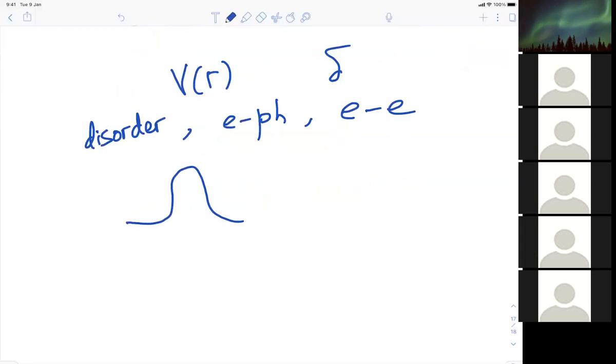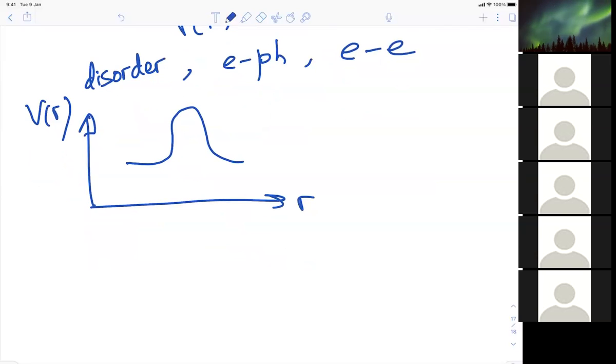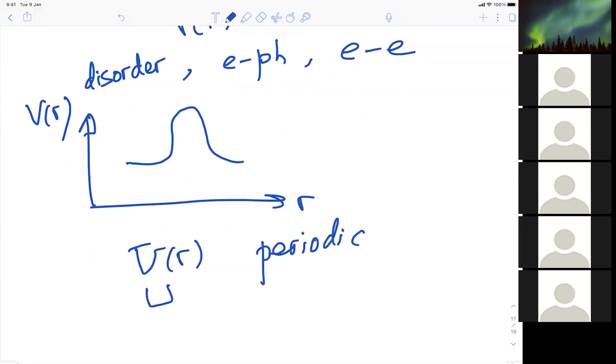A crystal has an ideal periodic potential. Maybe I should remind you of the logic. We started with a problem which we called a crystal, with a periodic potential U of R. We solved the Schrödinger equation and found solutions psi n,k of R, called Bloch functions.